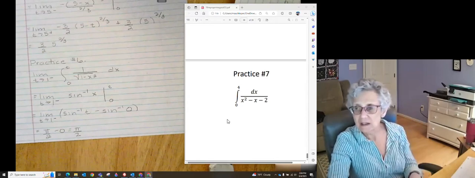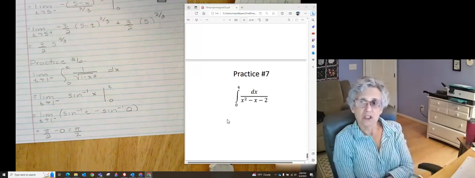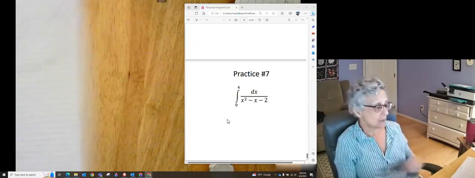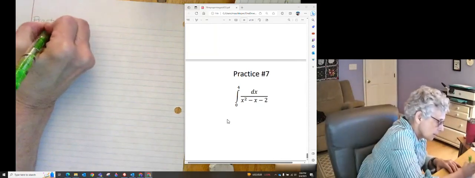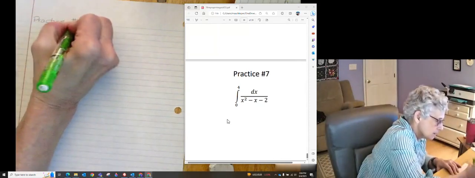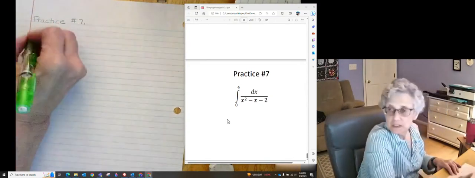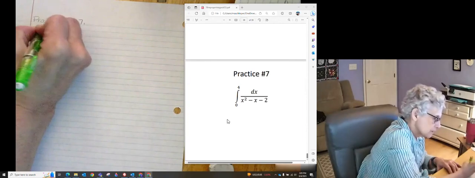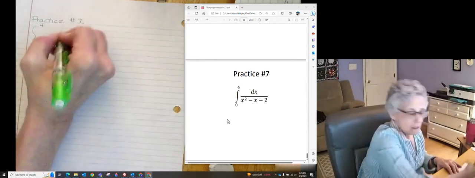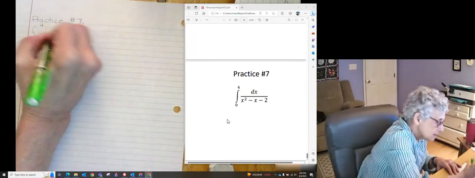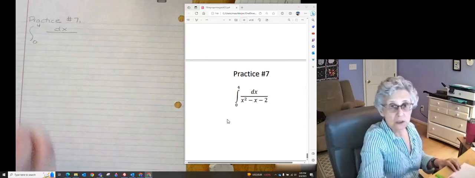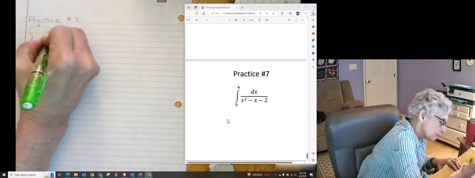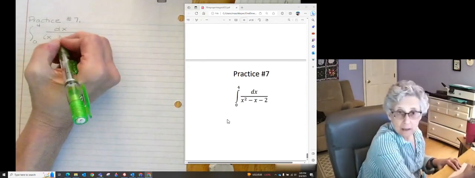Okay, number 7 doesn't just jump right out at me and tell me that it has a bad guy. Let's look at practice number 7. We have the integral from 0 to 4. So if there are any zeros of x squared minus x minus 2 between 0 and 4, then we got a bad guy.